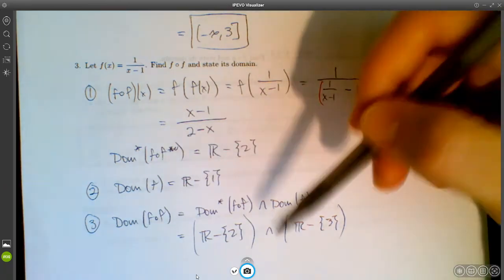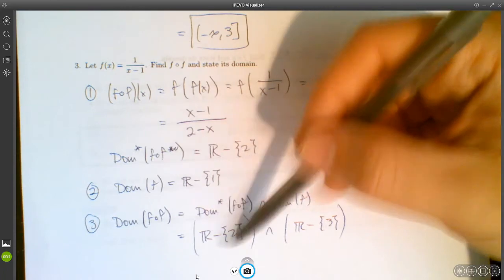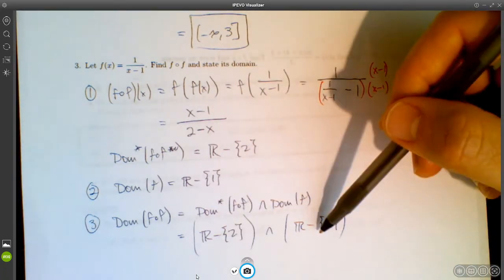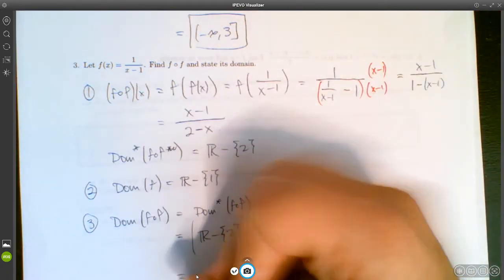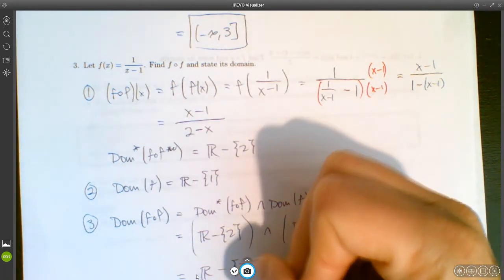Remember, in order for a number to be in the intersection, it has to be in both sets. 2 is not in this set, so it can't be in the intersection. 3 is not in this set, so it can't be in the intersection. But every other real number is in the intersection. So the domain is going to be R minus 2 and 3.